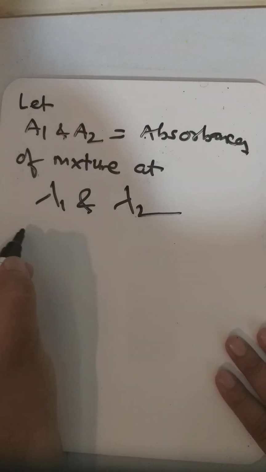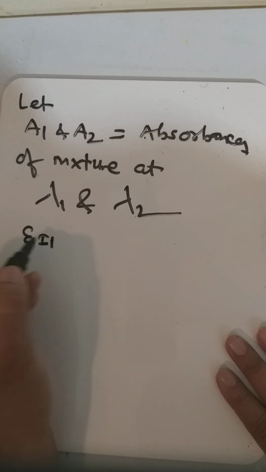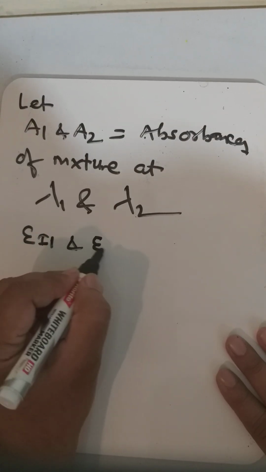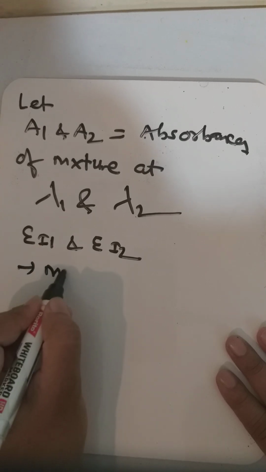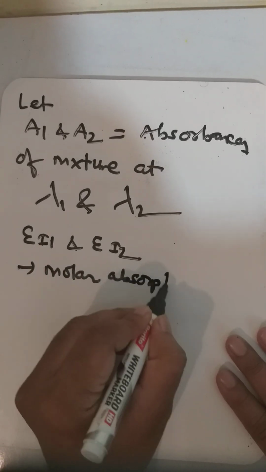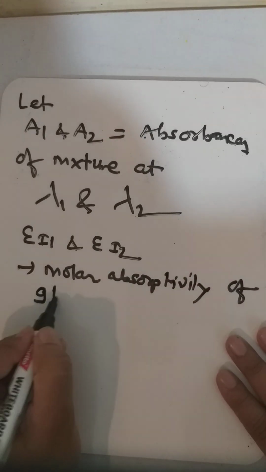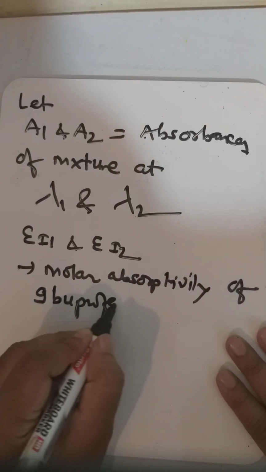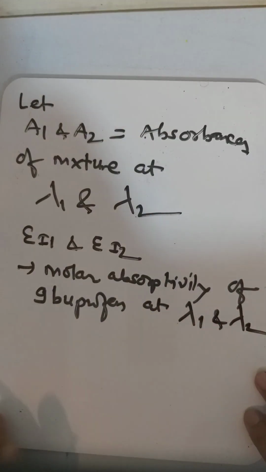Now thereafter epsilon I1 and epsilon I2 are nothing but the molar absorptivity of ibuprofen at wavelength lambda 1 and lambda 2.